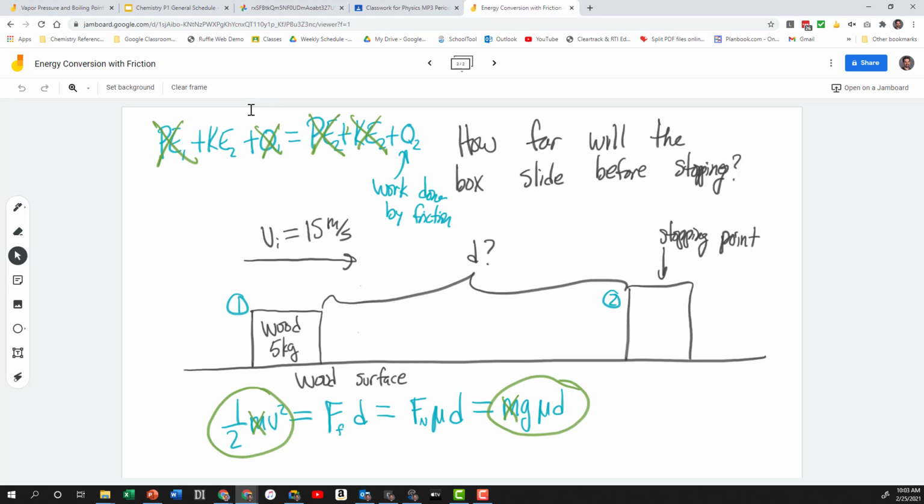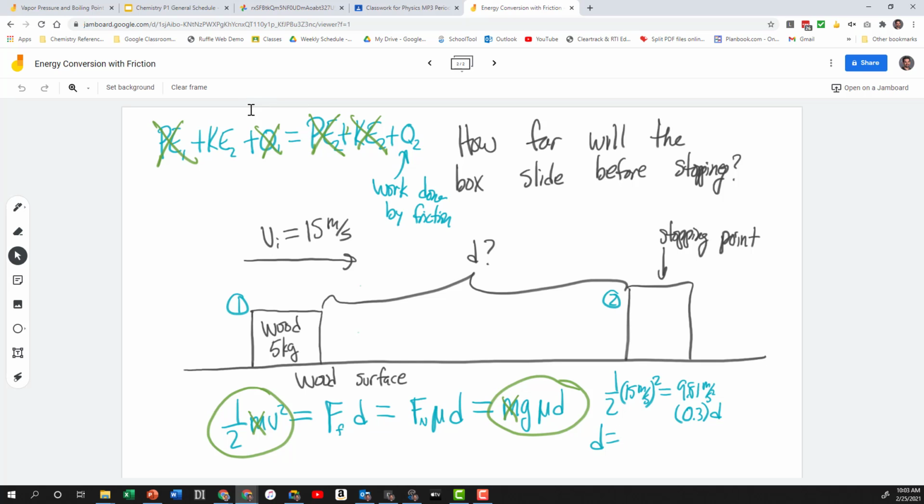So our final equation will be 1/2 times 15 meters per second squared equals 9.81 meters per second squared times 0.3 times D. And now we can solve for D. D!